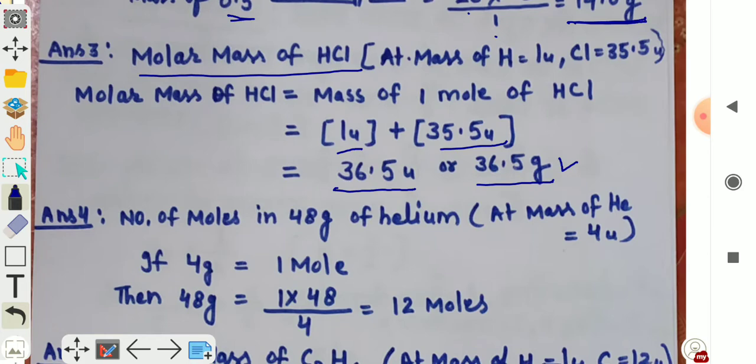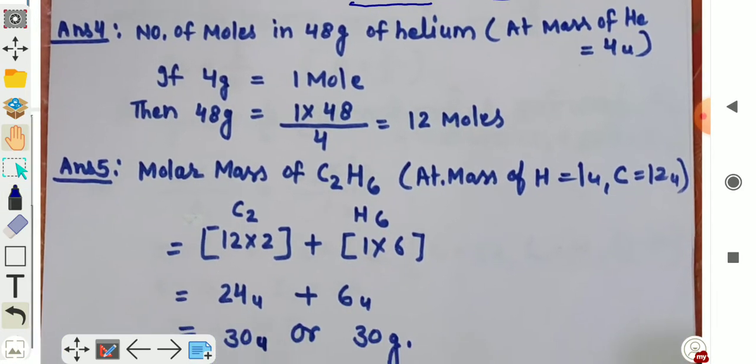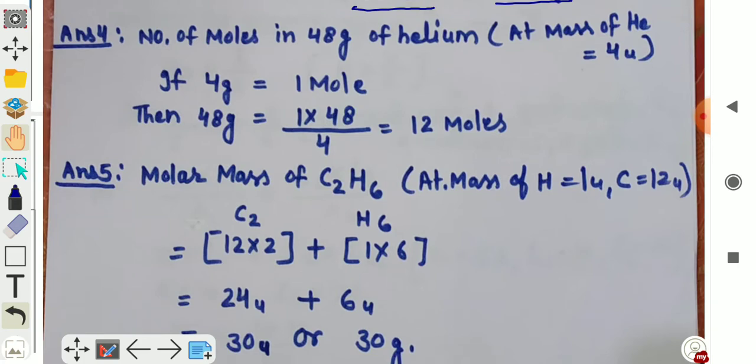Question number 4. In question number 4, you have to find the number of moles in 48 gram of helium. So 1 mole is equal to the gram atomic mass of helium. What is the gram atomic mass of helium? Gram atomic mass of helium is 4 U, it means 4 gram. So if 4 gram is equal to 1 mole, then 48 gram will be equal to how many moles?